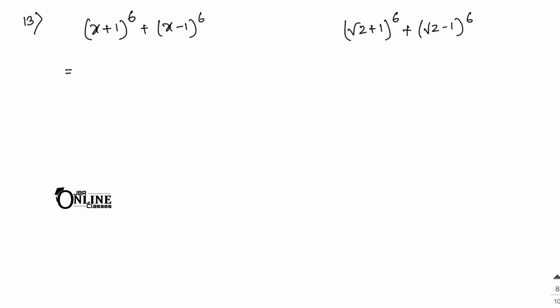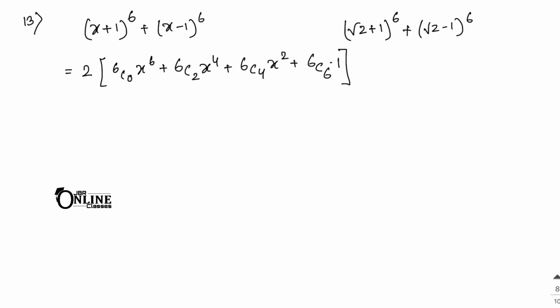So if you solve this one then you will get it directly. I just write down directly 6c0 x to the power 6, 6c2 x to the power 4, 6c4 x square and then 6c6 times 1, because x to the power 0. So that will be your answer.